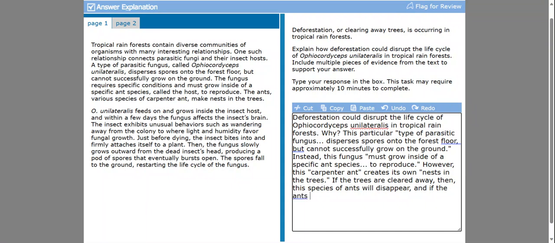And if the ants disappear, then the fungus, which needs the ants, basically can no longer grow. Or we can say the life cycle of the fungus, which needs the ants, will also be disrupted.